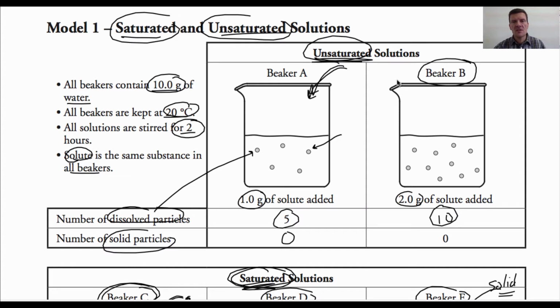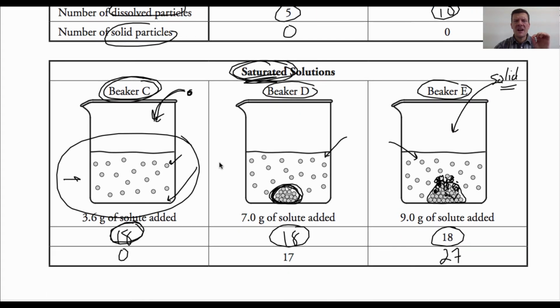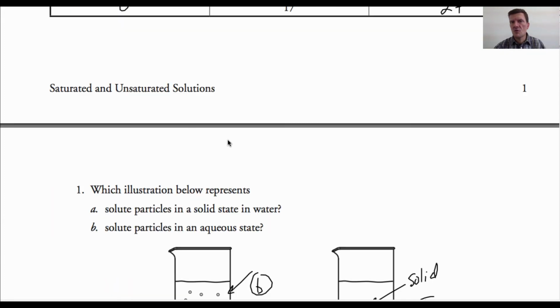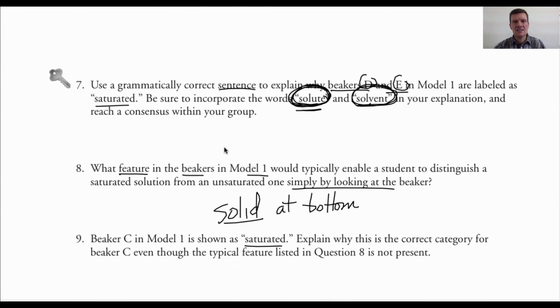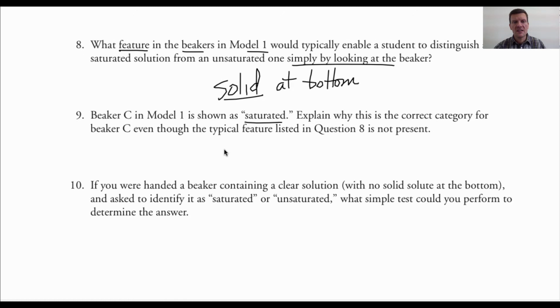But if you add even a minute amount of solid, like in beaker C, you would see solid forming at the bottom of this container because it is saturated. It can't hold any more. If you introduce some more, it's saying, nope, sorry, can't do it. It's going to have to stay as a solid, and it'll go to the bottom of my container.